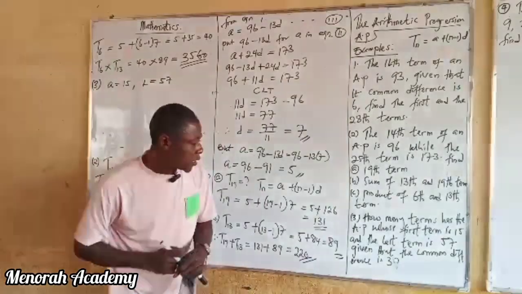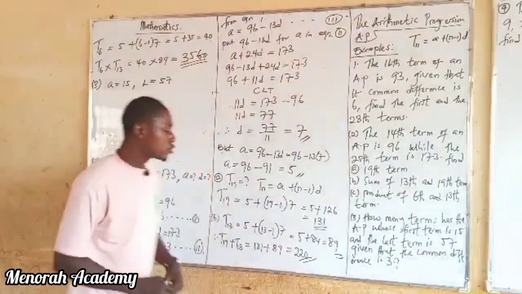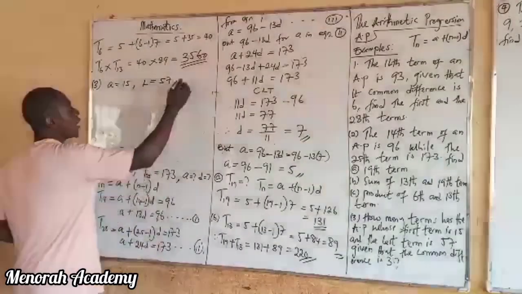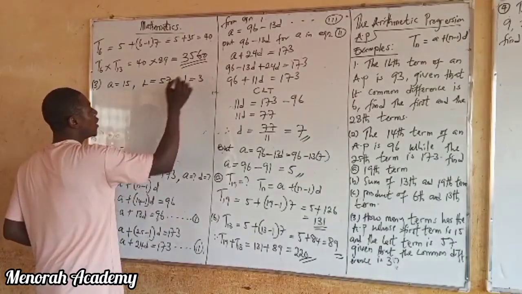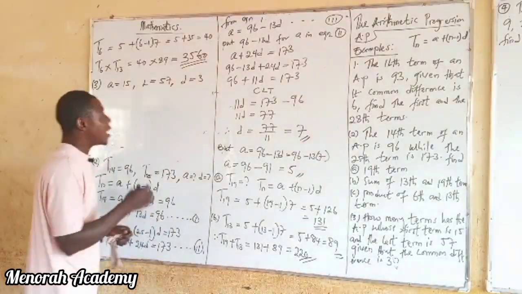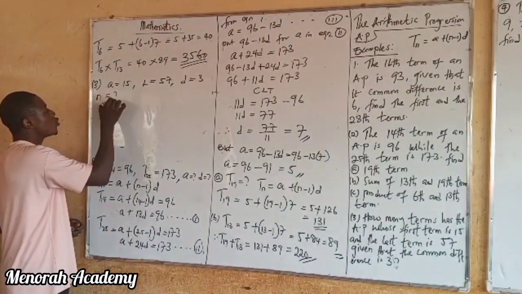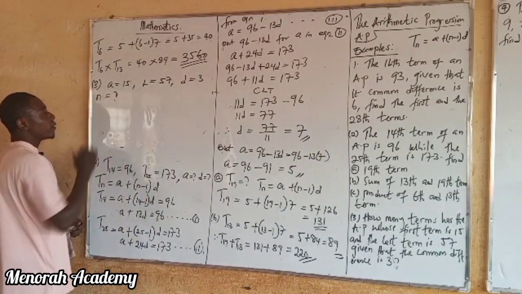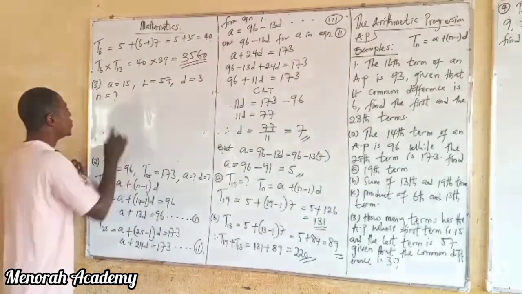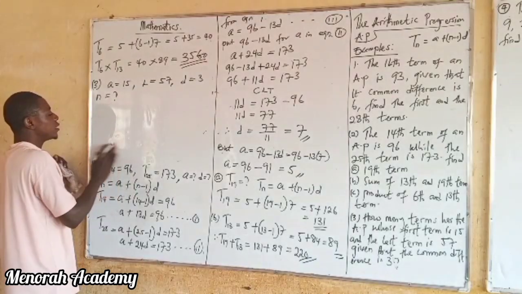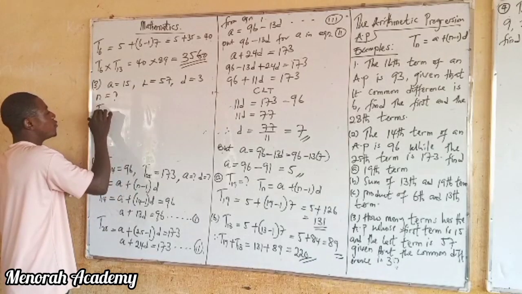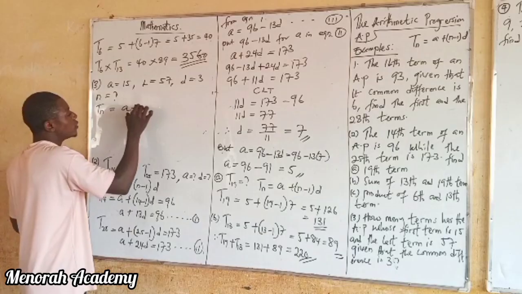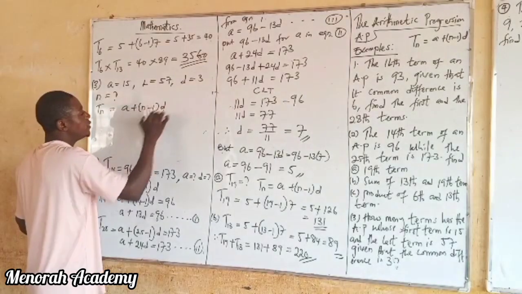Then they tell us the common difference is 3, so our d is 3. They are asking us how many terms, that is n. We don't know n, the number of terms. But remember that our t of n is equal to a plus n minus 1 times d.